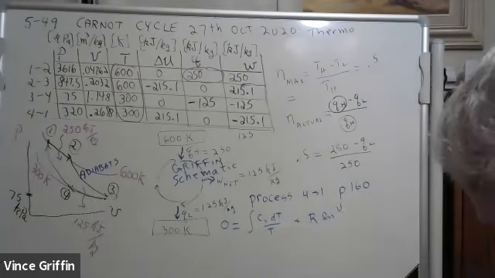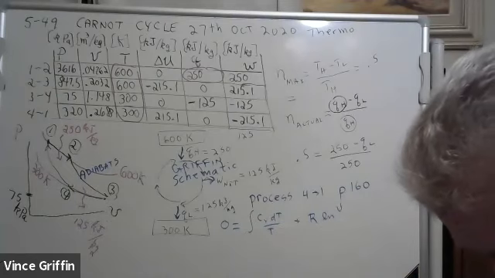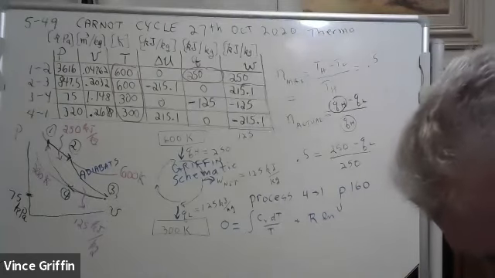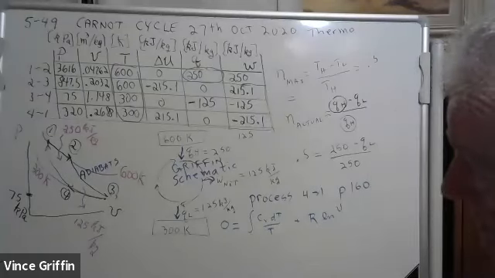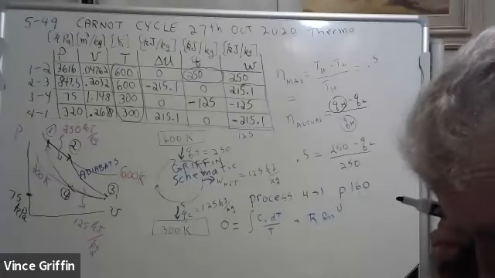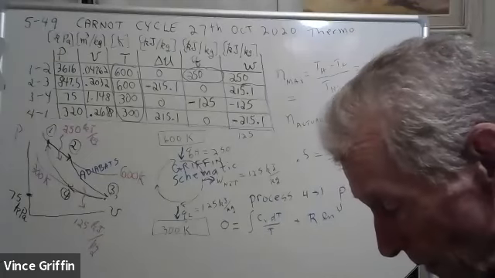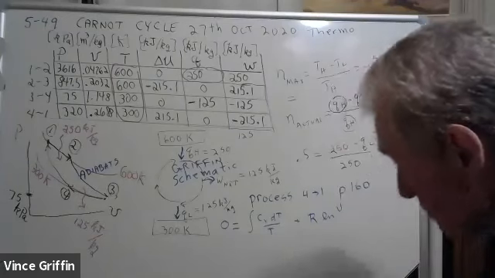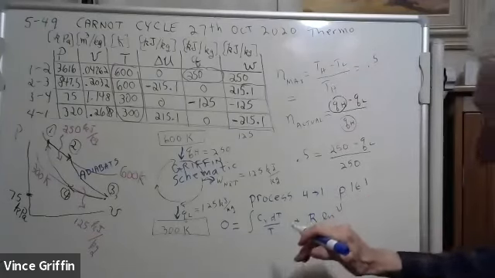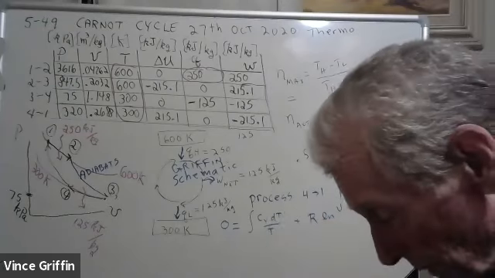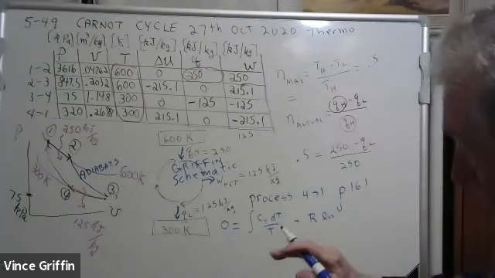Okay, I'm getting mixed up here now, just a minute. What I want is the, oh, that's from 2 to 3. Now this one here is on page 161. If you want to go from 4 to 1, that's this one here.